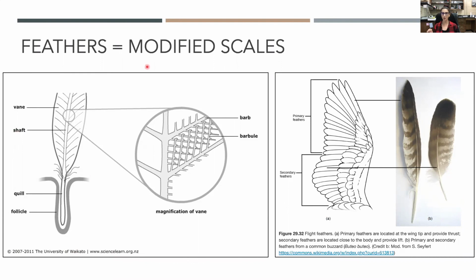Contour feathers have a number of parallel barbs that allow the feather to interlock, and these barbs stem off a central shaft here. They also have primary feathers and secondary feathers. The primary feathers are located at the tip of the wing and they provide thrust, while the secondary feathers are located closer to the body of the bird and they are providing lift to the bird.